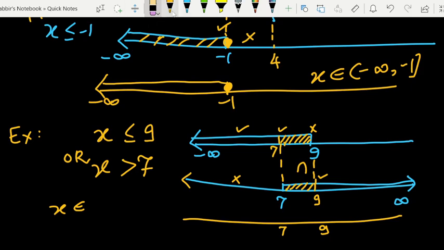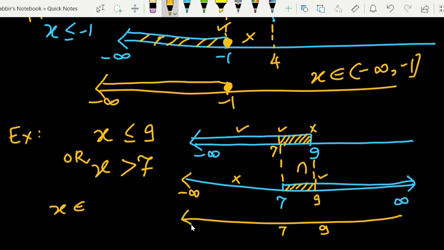After plotting x less than or equal to 9, 7 to 9 is the common solution, and minus infinity to 7 is the uncommon solution.